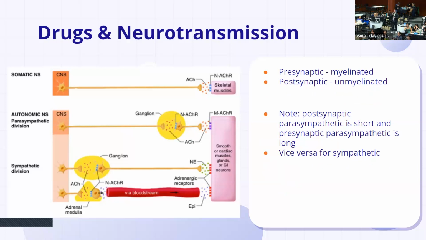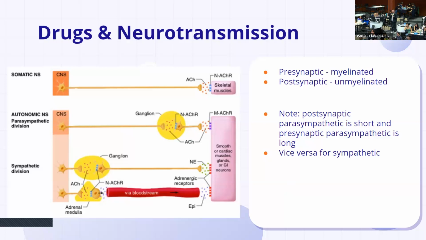And you just need to memorize that the presynaptic is our myelinated neurons. So the neuron before the ganglia is myelinated, and the neuron after the ganglia is unmyelinated. And the postsynaptic parasympathetic nerve is short.